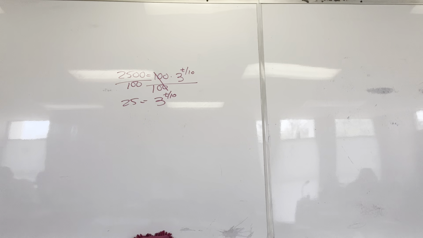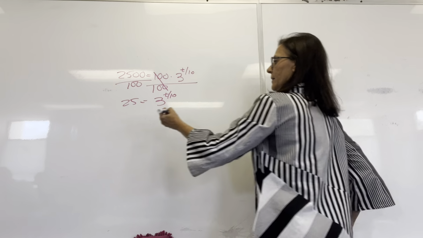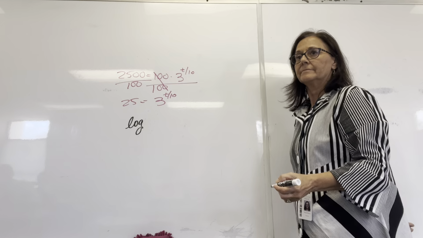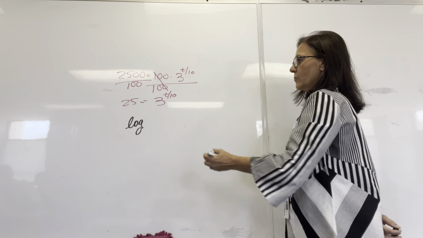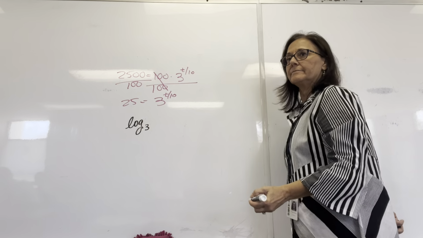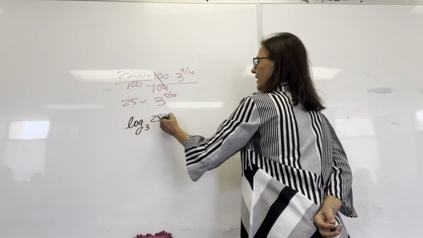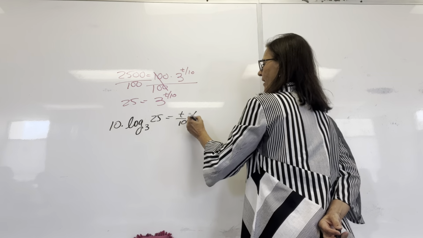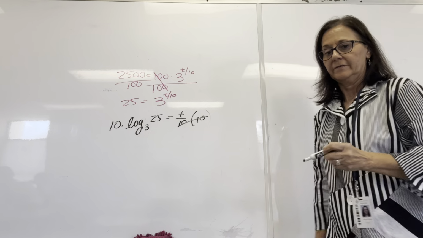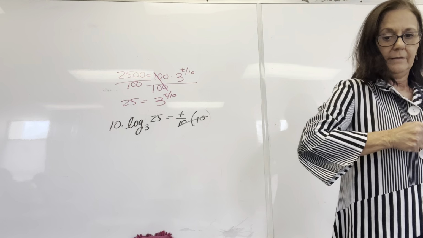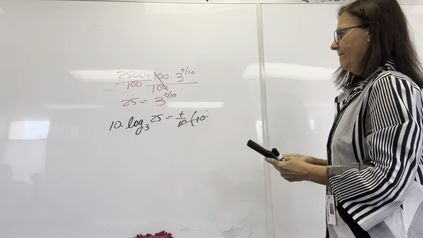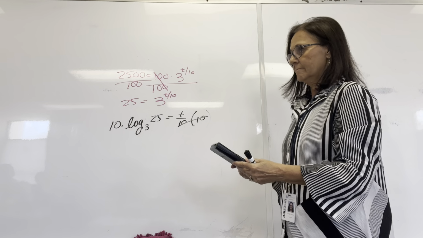What do we do? Log. What's my base? 3. What's my argument? 25 equals T over 10. Actually, we can multiply by 10 and just solve. Okay, so this is days.